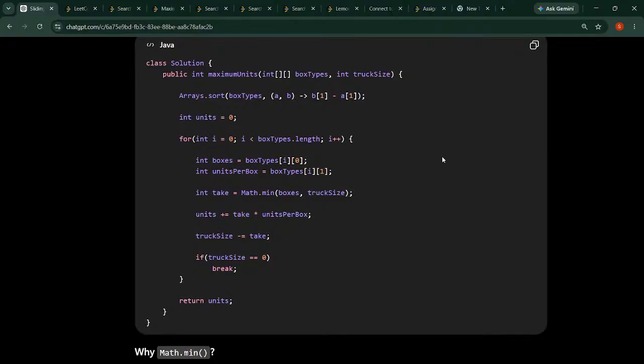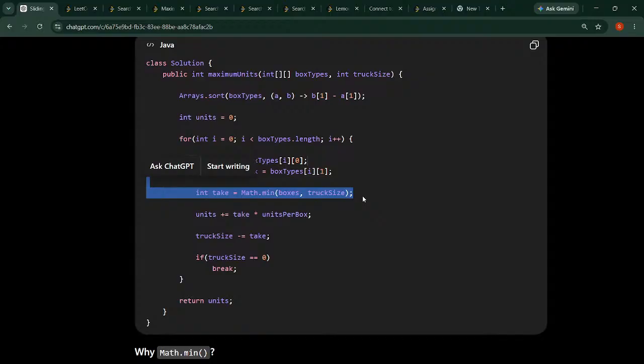Following in maximum units, int box types and truck size. Fine. If boxes is equal to box types i0 and units per box is equal to box types i1. And we have to take the minimum boxes because we need the maximum boxes that will fit in our truck size, right?